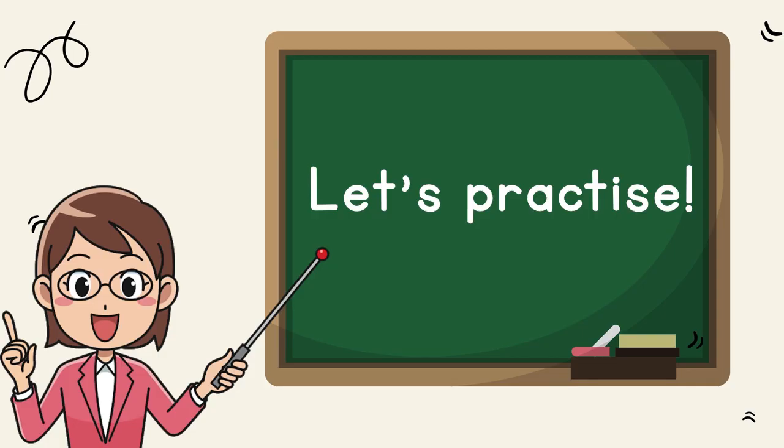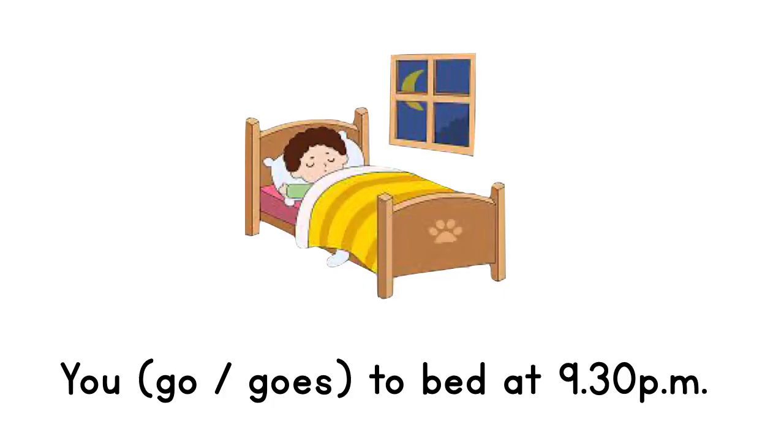Alright, so here, let's practice. So here, we look at the statements. You go or you goes to bed at 9:30. Definitely you go. Okay? You lepas subjek you, kata kerja mesti dalam kata dasar. Okay, tak boleh ada imbuhan.